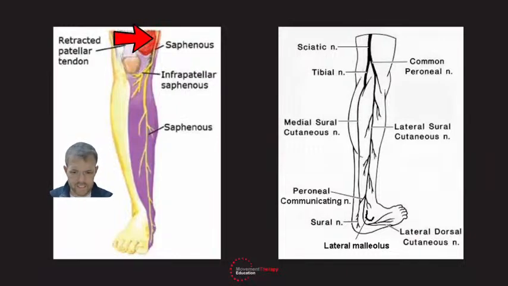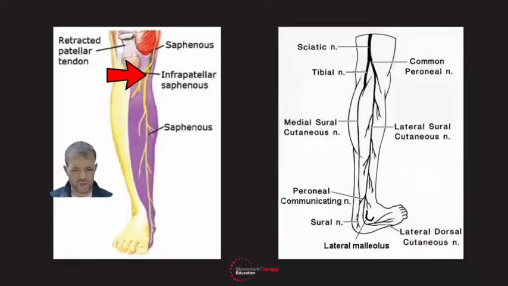So this is the saphenous here, and when we look at the blood supply in a second, you'll see that there's a greater saphenous vein and I think a lesser one, lesser or lower. So you've got different blood supply and nerves, different structures, but called the same name. So this is what I'm saying.